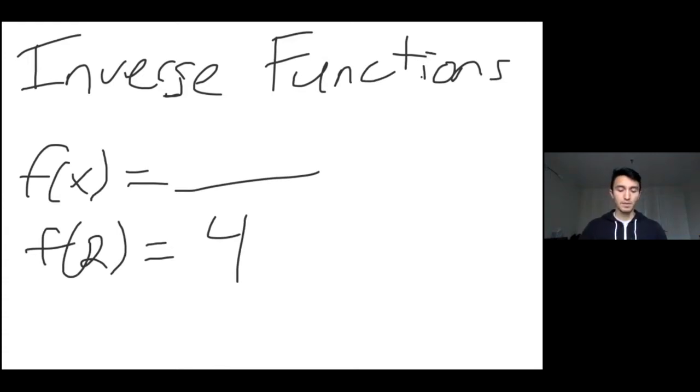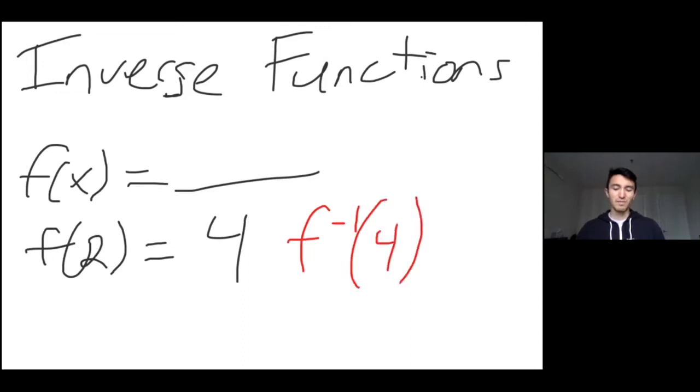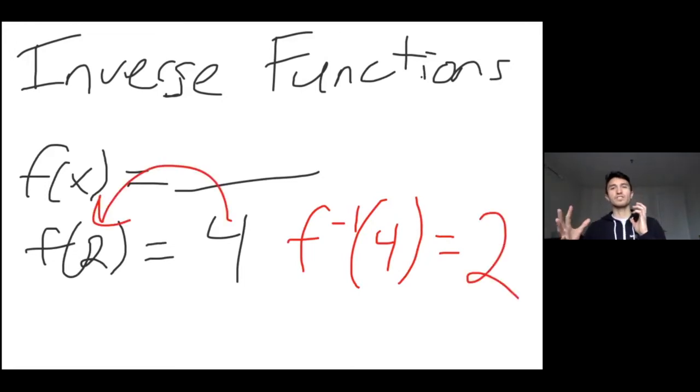So if I take the inverse, which we remember we use the -1 symbol, and plug in 4, it should go backwards, and I should get 2. So remember, the inverse function is doing the opposite of what you were doing in the first place.